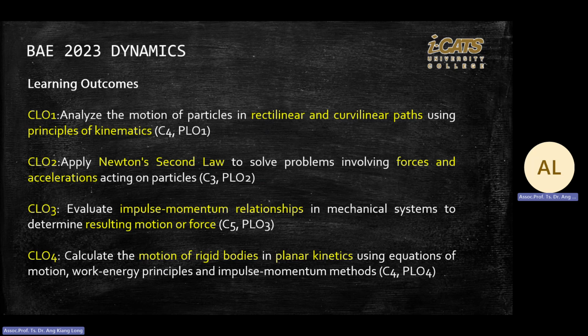But from today onwards, we later will move into rigid body. You will break the object into different bodies. You need to find different CG, and then you use the same approach to solve. Okay, so today we focus on CLO3.